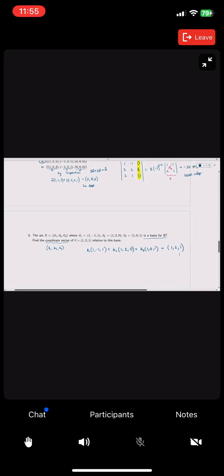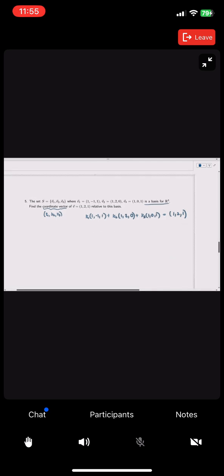For us, it's a little more work. You have to do the row reduction. There's no way around it, because even doing the determinant is not going to help you here. It just tells you if there is a solution, but you actually have to find k1, k2, k3.